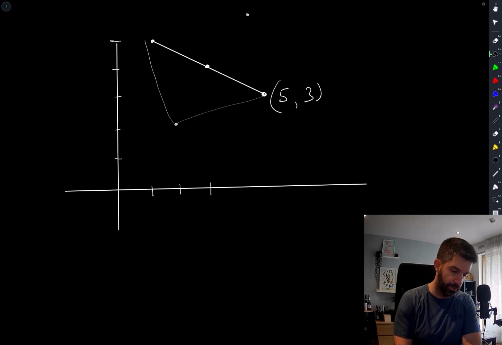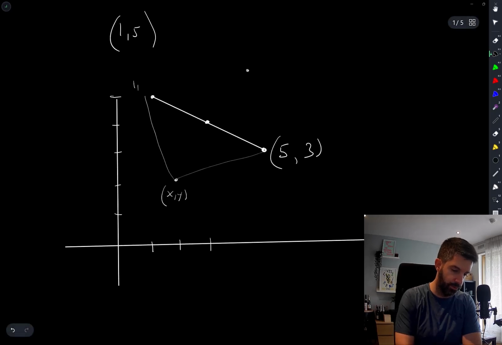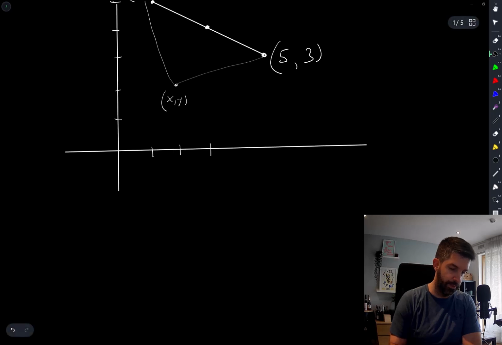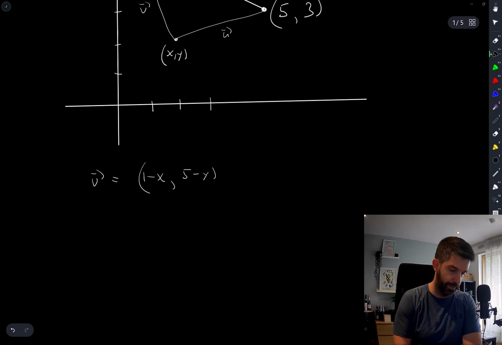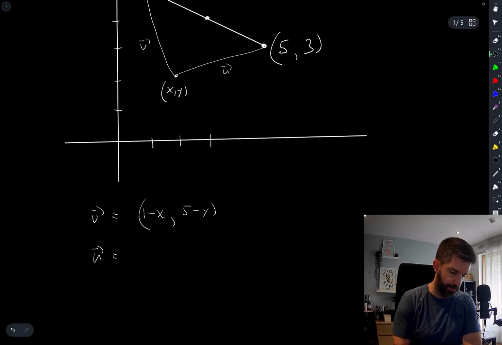So let's just call this x, y. This is 1, 5. So let's call these v and u. So v is 1 minus x, 5 minus y, and u is 5 minus x, 3 minus y.